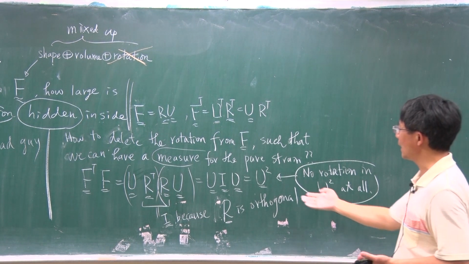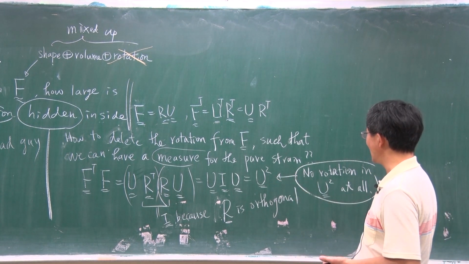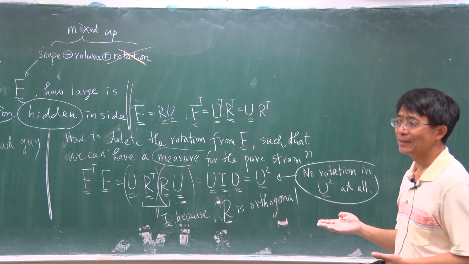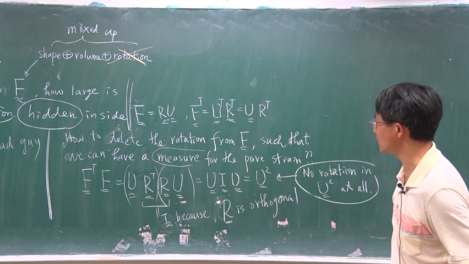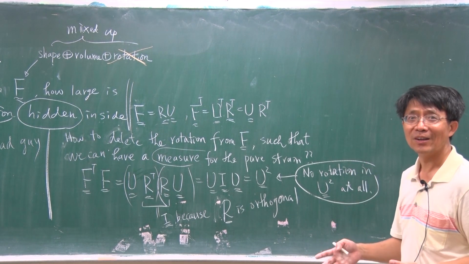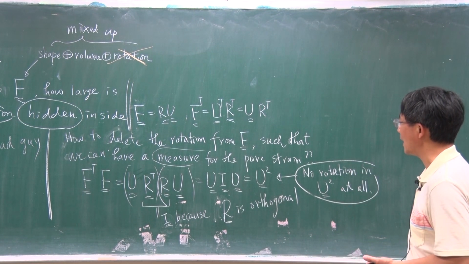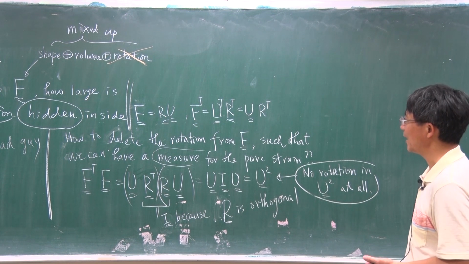So U squared is a quantity which contains no rigid body rotation at all. So this is the measure we want to have. Okay. Do you understand what I mean?